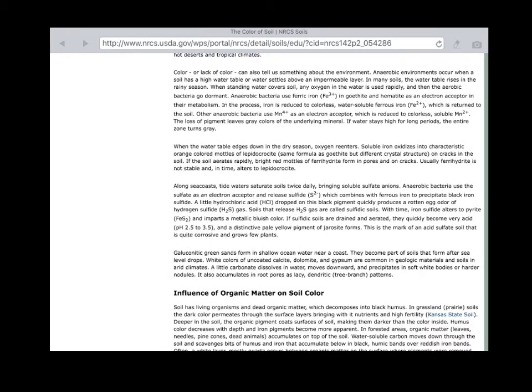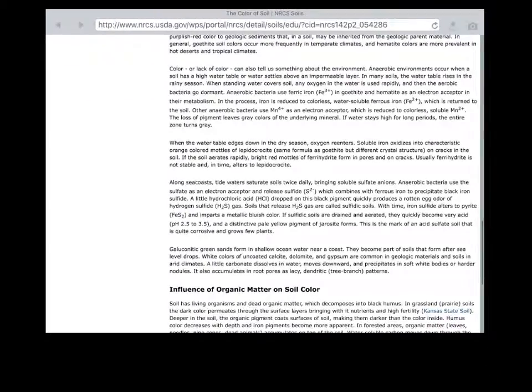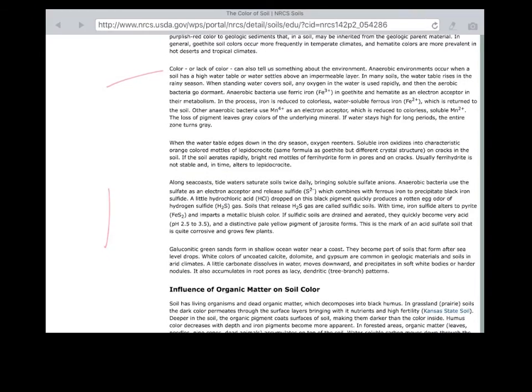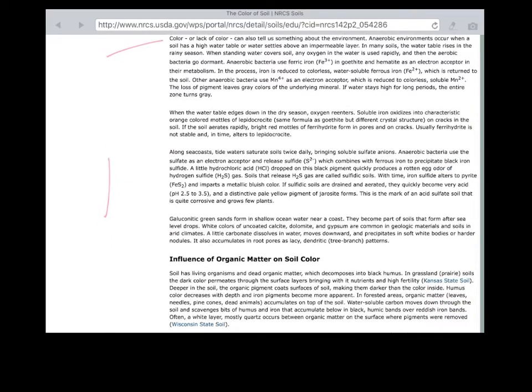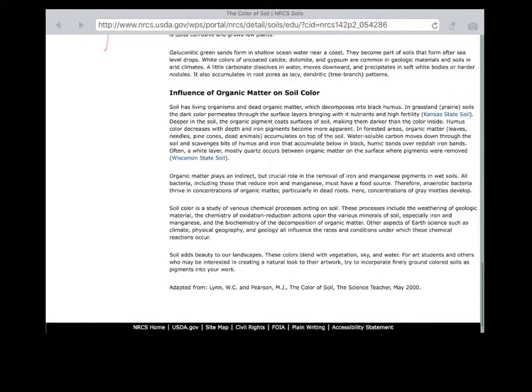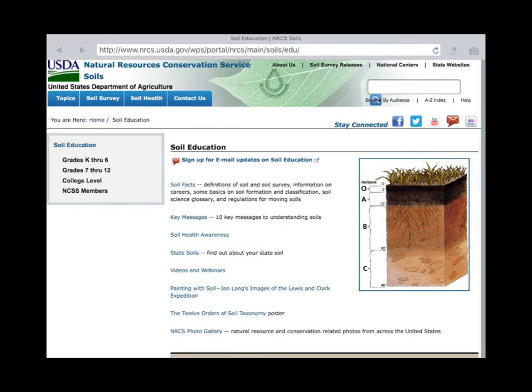That also is anaerobic environments here, and you can pause the slide and read this document, and that would be a great thing for you to do in terms of gaining information from this. I don't want to read it to you, but I'm providing it here. Organic matter. So that is right here. Just pause and read that page there.